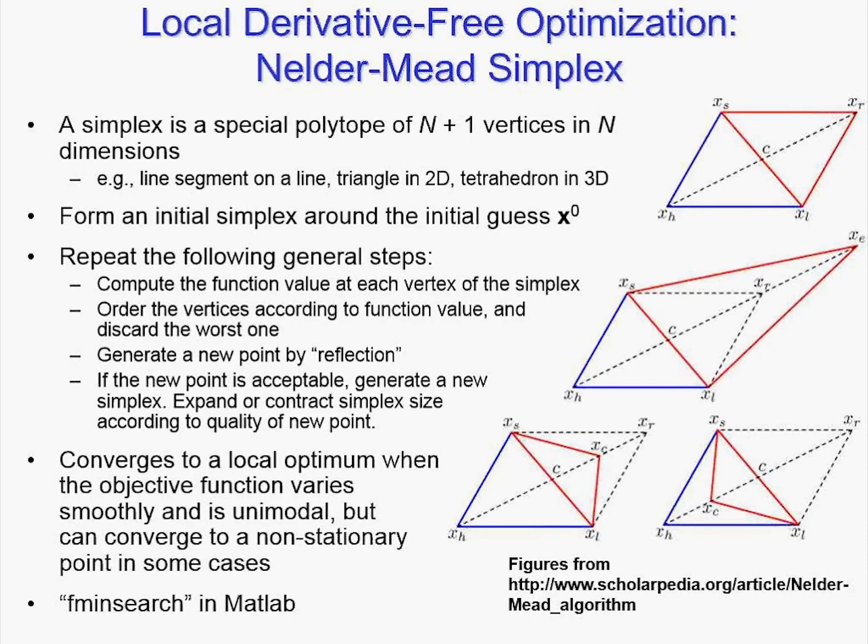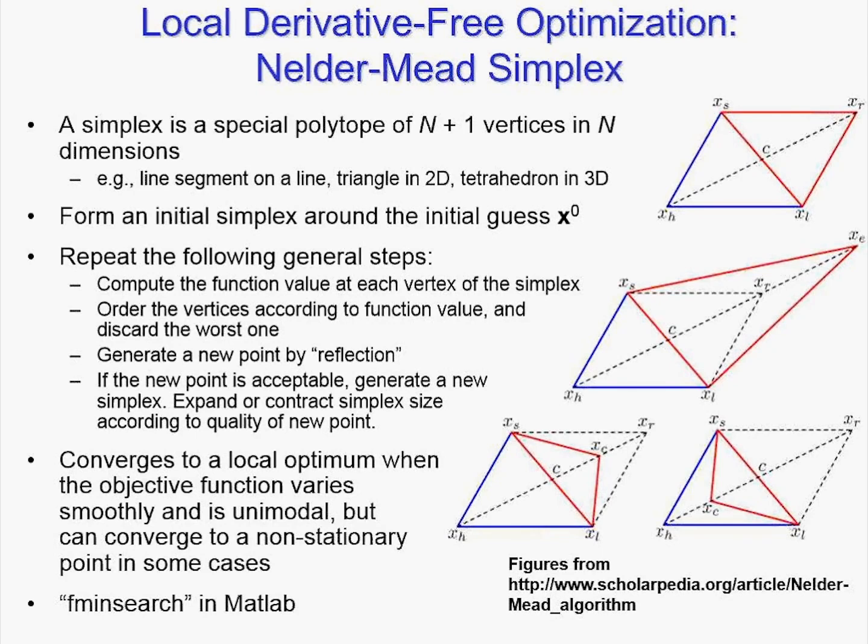So I'm going to generate a new point over here. This is the XR. I'm going to run the function there and see whether things got better or not. Right, so we're trying to minimize, we're going downhill. Run the function here and see whether this is actually a better function value.